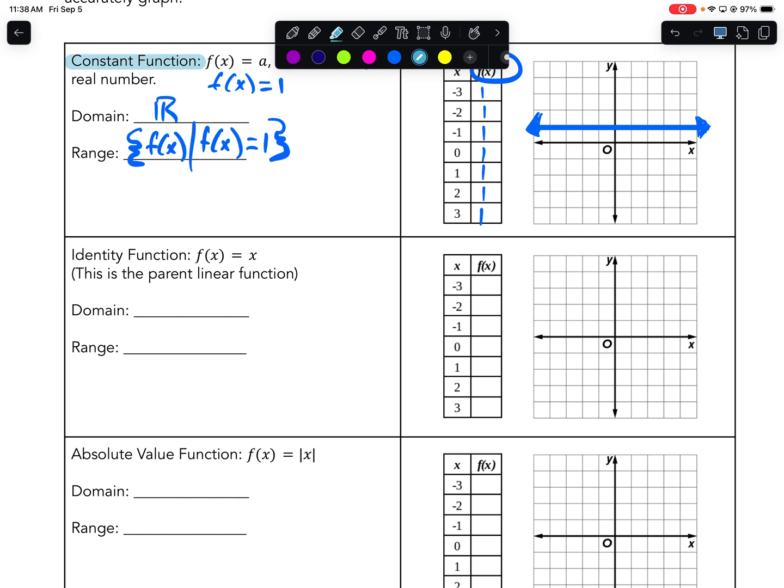Okay. So if we have f of x equals x, when I plug in negative 3, what do I get? Negative 3. When I plug in negative 2, I get negative 2, negative 1, 0, 1, 2, 3. So show me with your arm what that graph looks like in the coordinate plane.